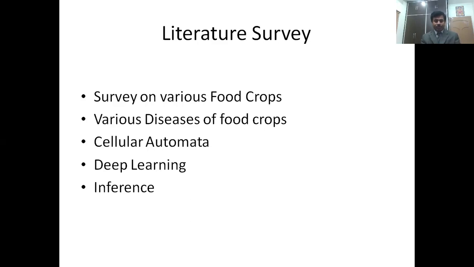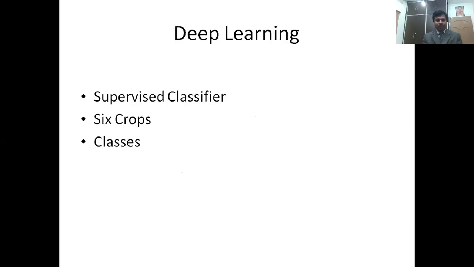And the inference that we got from the literature survey is the feasibility study: cellular automata and deep learning can be applied to predict these crop diseases in such a way that we can go for food security.